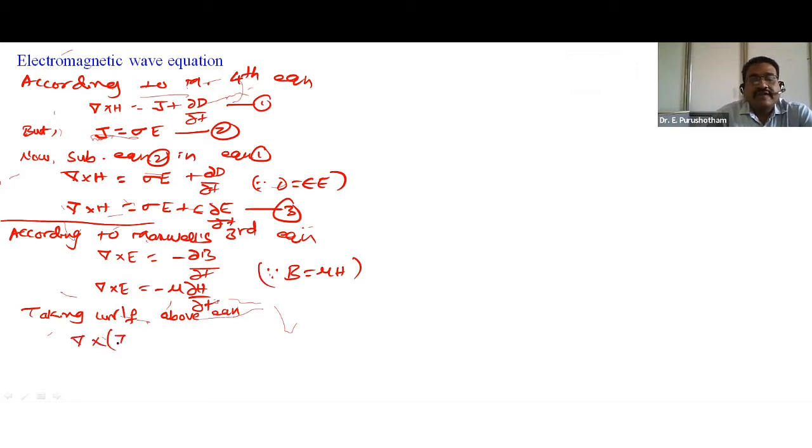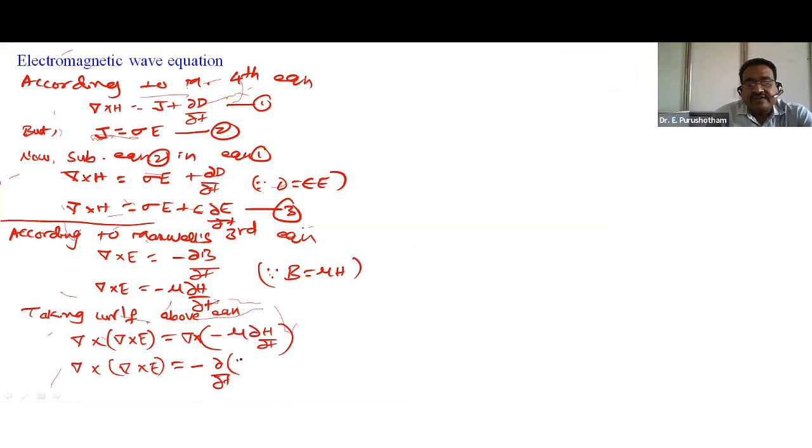Curl of curl E is equal to curl of minus mu dou H by dou T. So curl of curl E is equal to minus mu dou by dou T of, in bracket, curl of H. This is equation number 4.